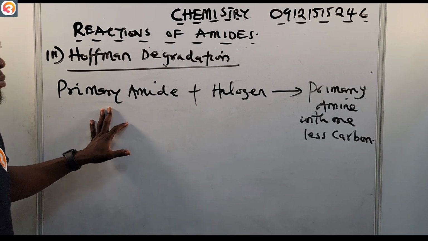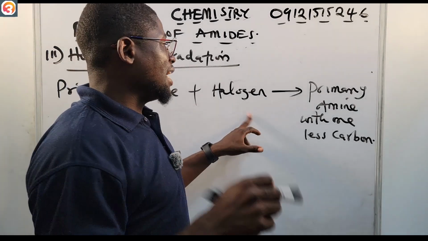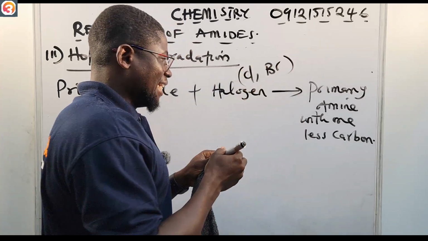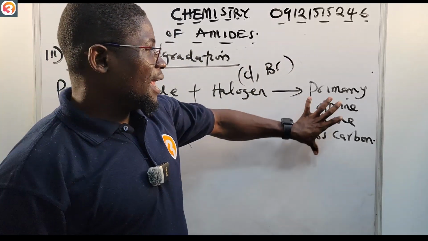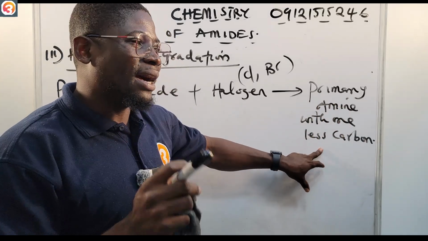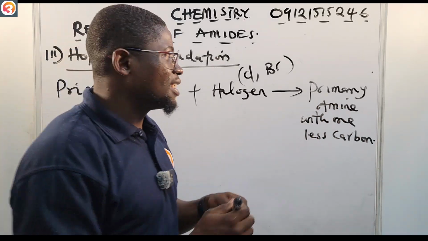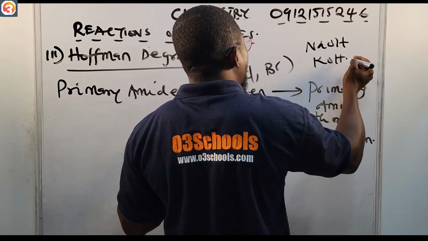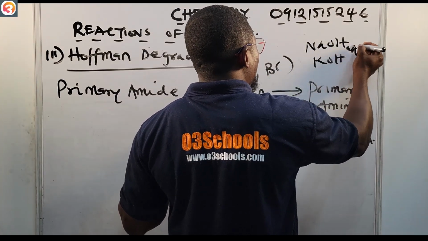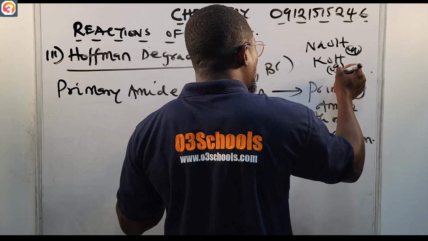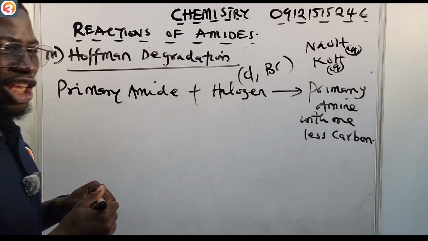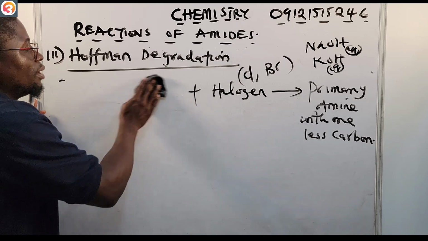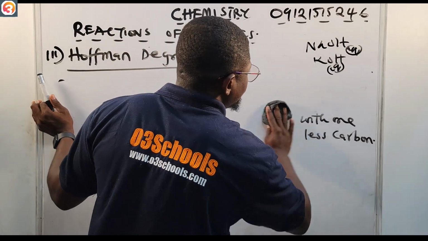A primary amide will react with a halogen, like chlorine or bromine, to give us a primary amine with 1 less carbon, and this must be done in a very strongly basic medium like sodium hydroxide or potassium hydroxide, aqueous, very strongly basic.